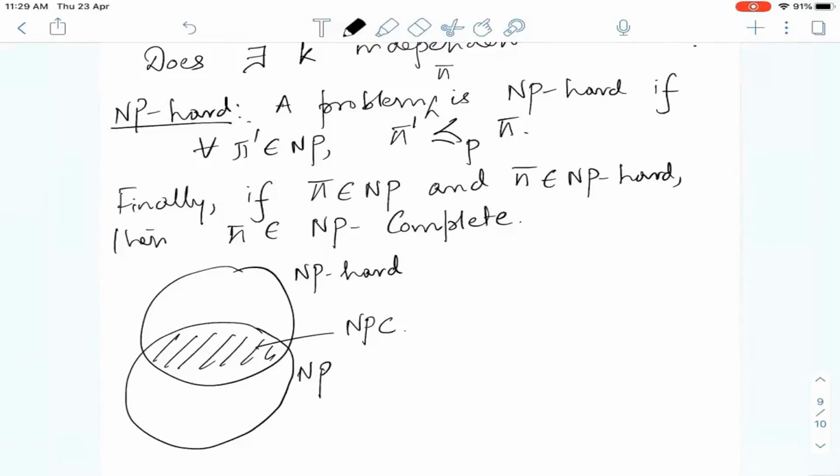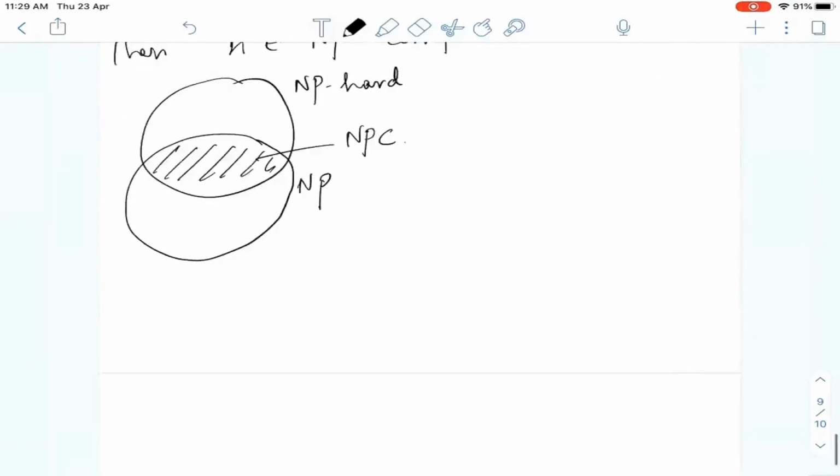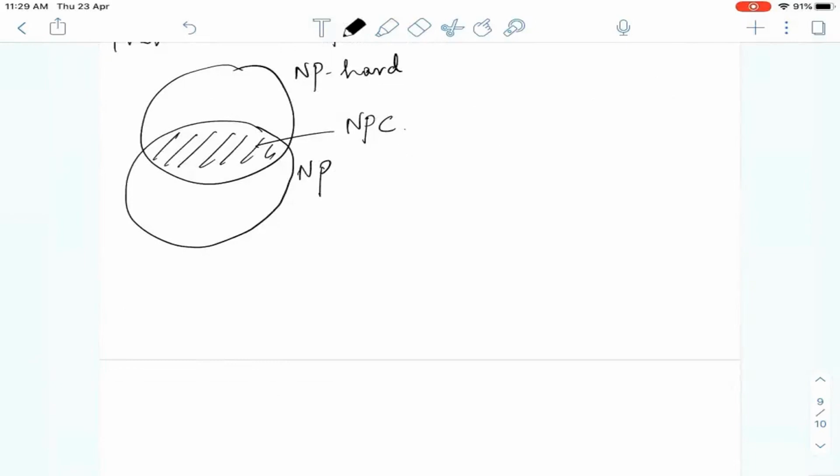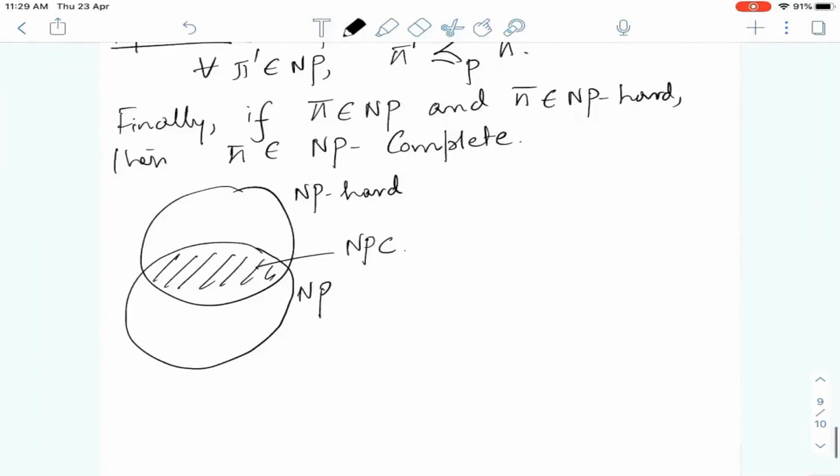Now, the final question that we have to sort of answer is, we have defined this NP complete class, but does there exist such problems at all? Can it happen that all NP problems in the world are incomparable?